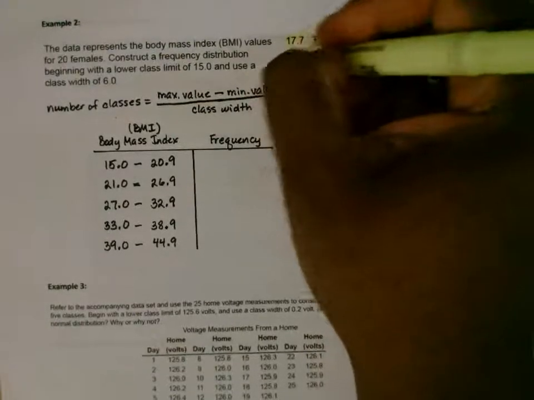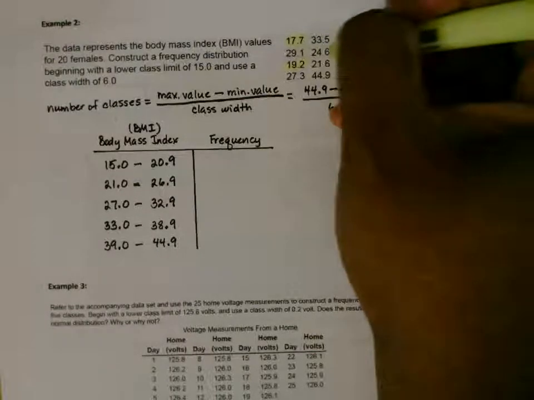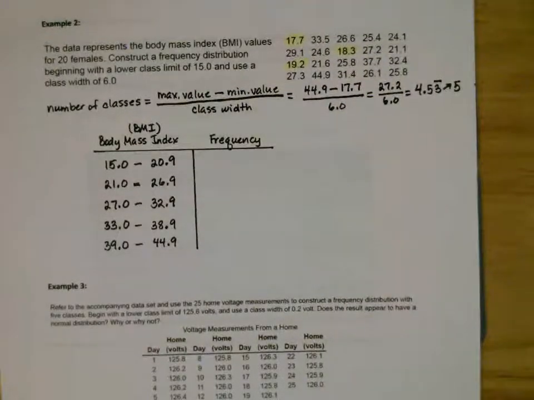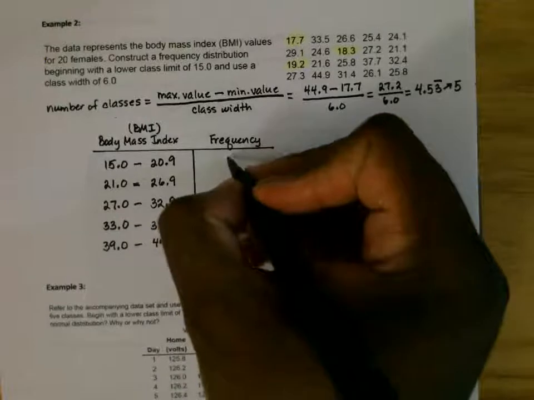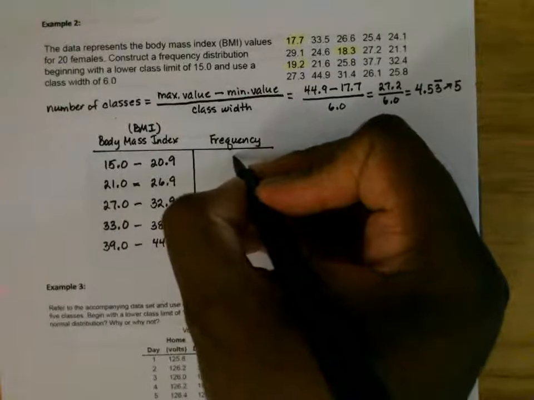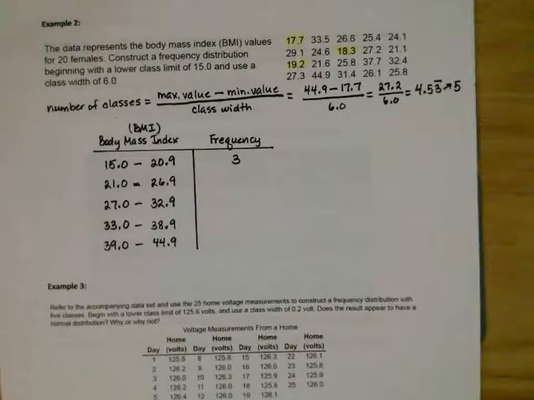Also 19.2 falls between 15.0 and 20.9. And 18.3 falls between 15.0 and 20.9. And that's it. So that means that there are only 3 data values that are between 15 and 20.9. So that frequency for that class will be 3.